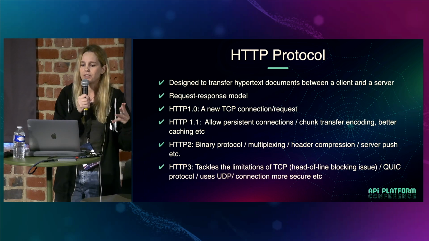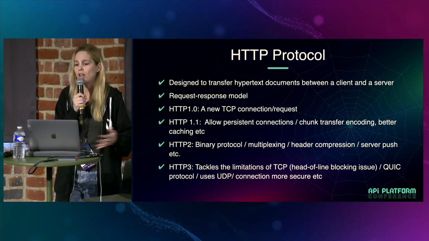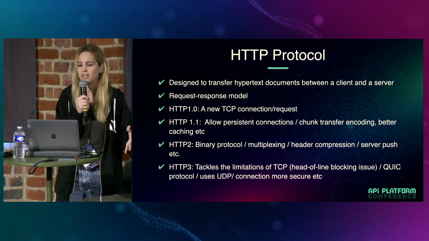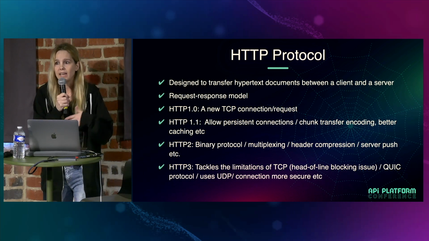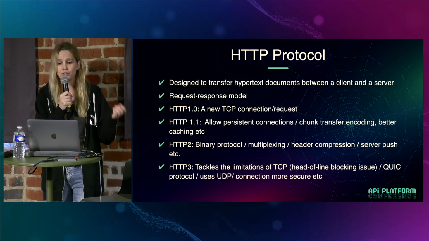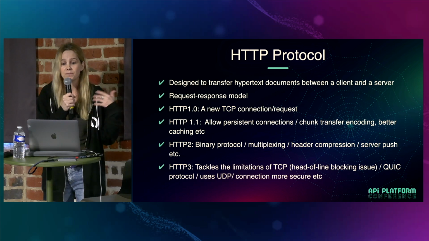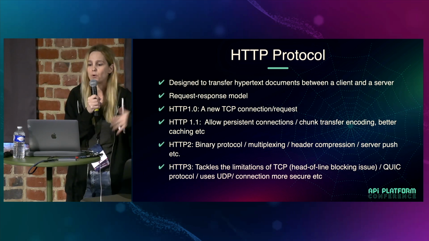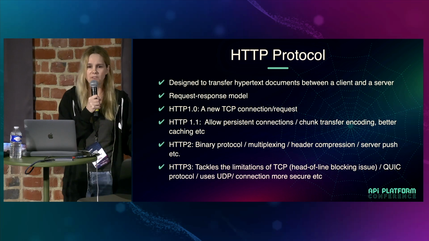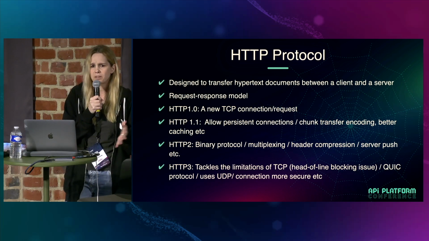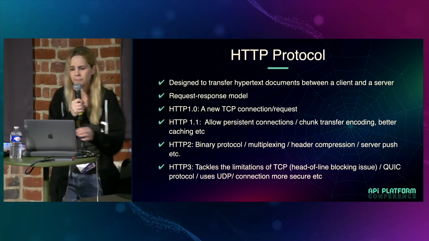It introduced multiplexing, allowing multiple streams over a single TCP connection, header compression as well, and server push. So the server could send resources to clients before they even ask for them, like JavaScript files, CSS files, boosting performance even more.